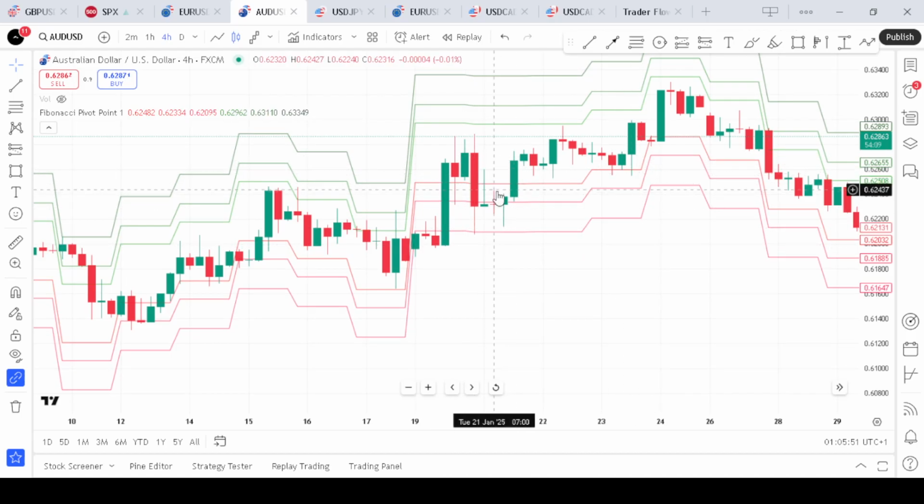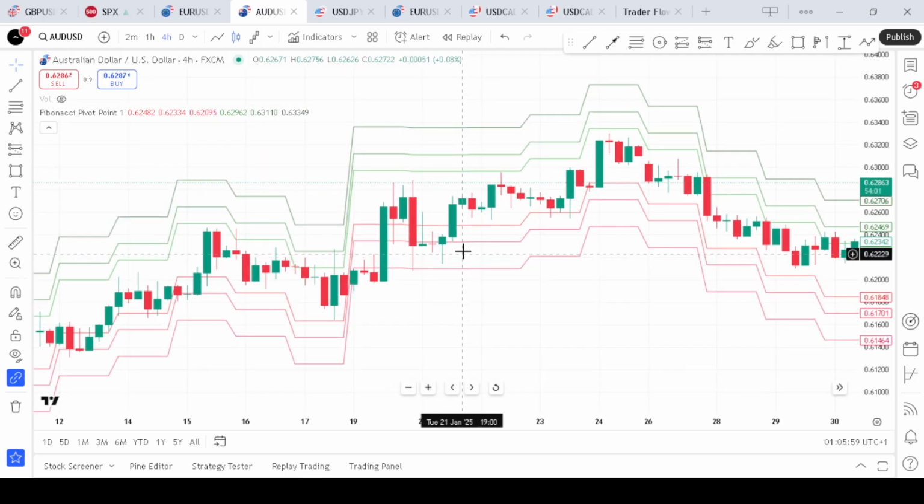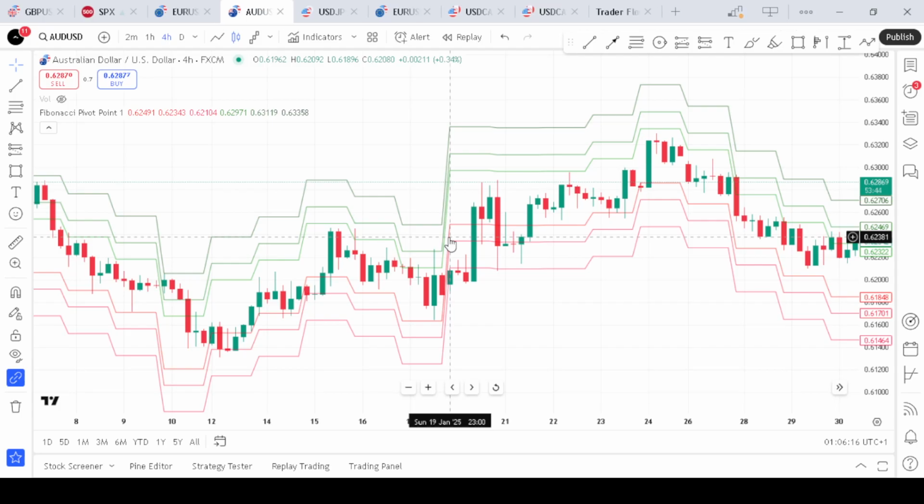Now, how do we trade using the Fibonacci pivot point? We'll use a step-by-step guide to using the Fibonacci pivot point effectively for our trade. First of all, we start by applying the Fibonacci pivot point indicator to our chart. Most trading platforms allow you to add this indicator directly, or you can calculate these levels manually using formulas.